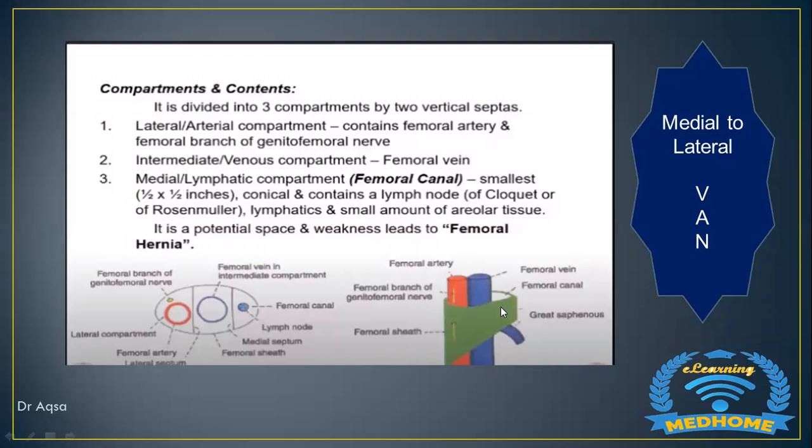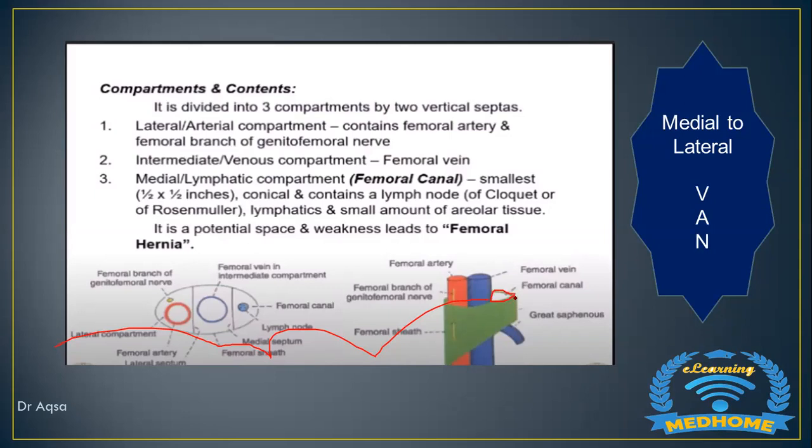Now, what is the femoral canal? It's a small conical area. Let me take my pointer. Basically, it's an entrance. This part is the femoral canal, and it is the entrance for the femoral canal.